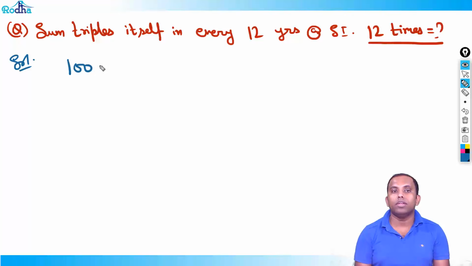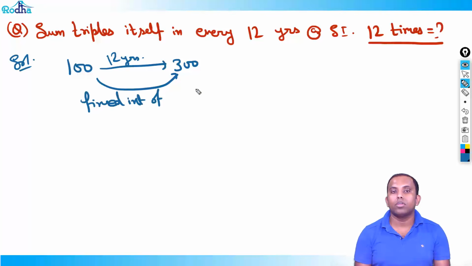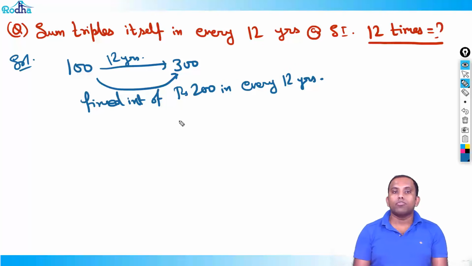So a sum of 100 becomes 300 in every 12 years. That means, if it is SI, the interest is fixed. So the bank is giving me a fixed interest of 200 rupees in every 12 years.